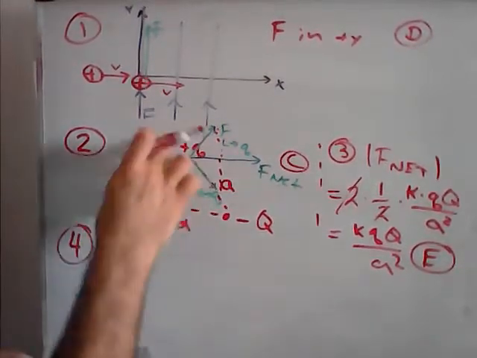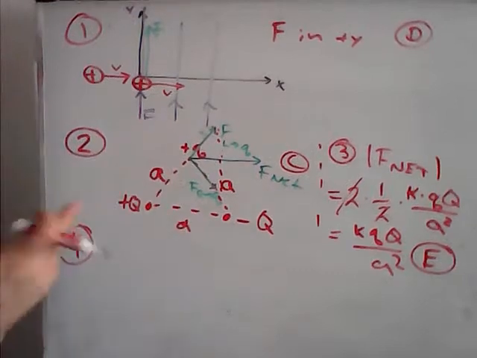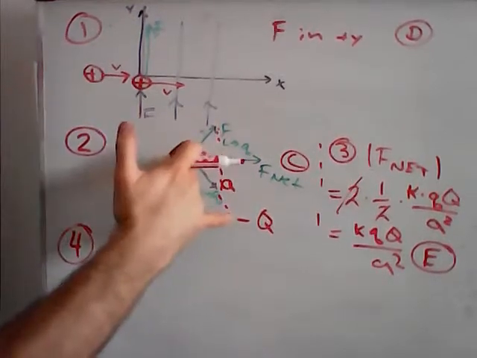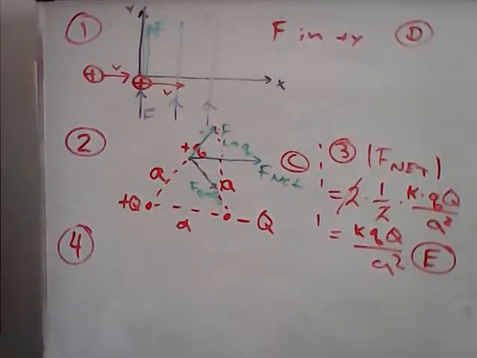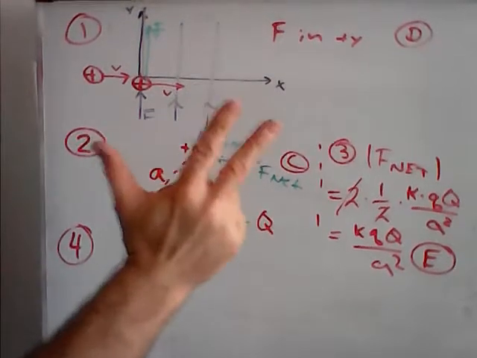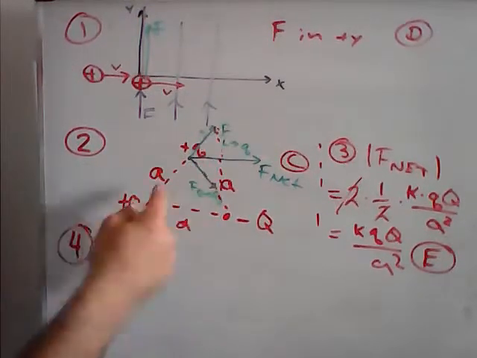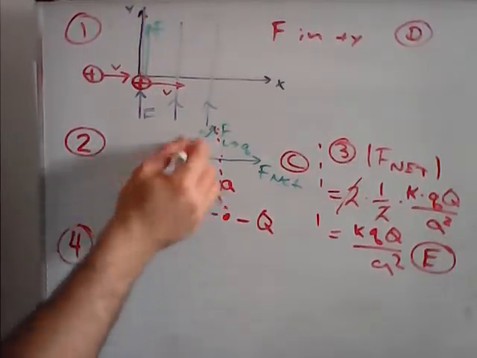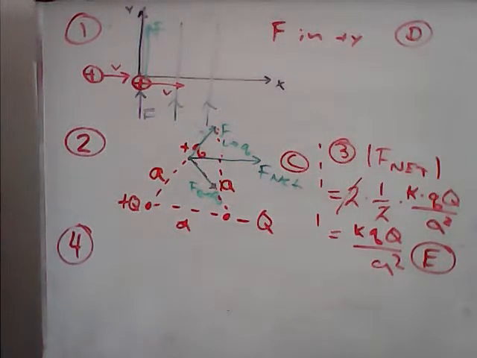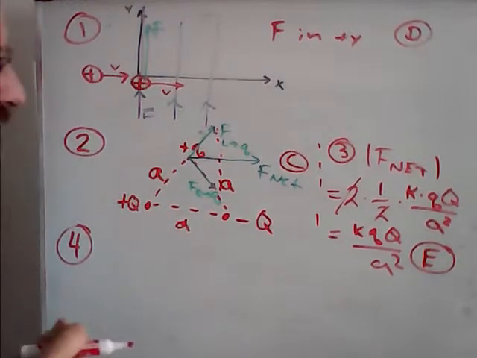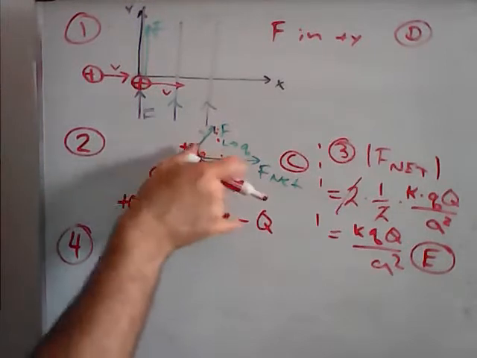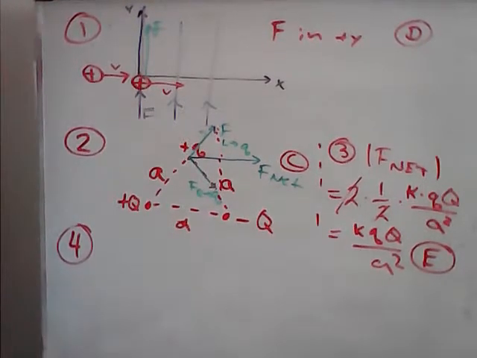The potential energy is always resting with a pair. So this pair has energy, this pair has energy, and this pair has energy. So there are 3 pairs that together have energy, but they're asking for the energy that's associated with the little charge plus Q plus little q. Therefore, it's just going to be the top 2 pairs that we're interested in.